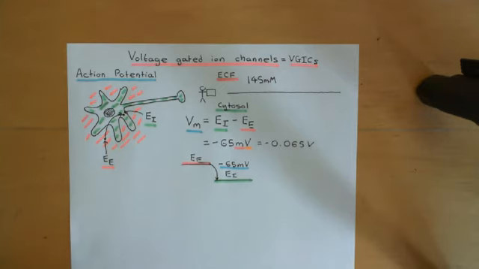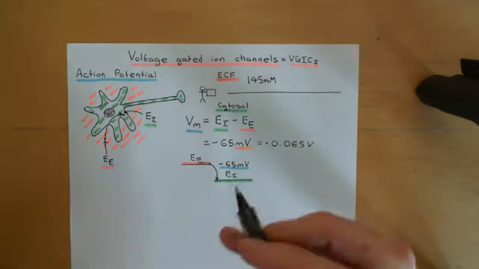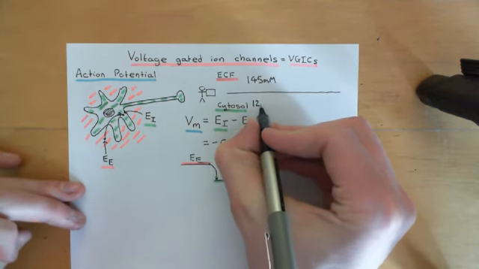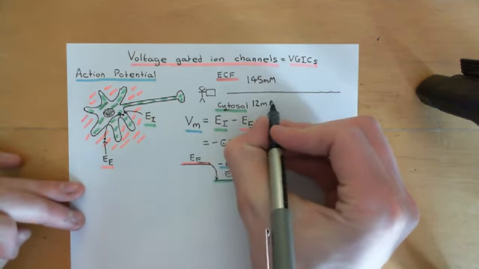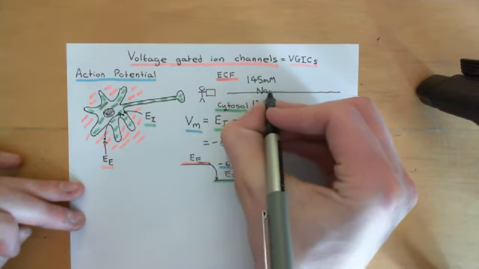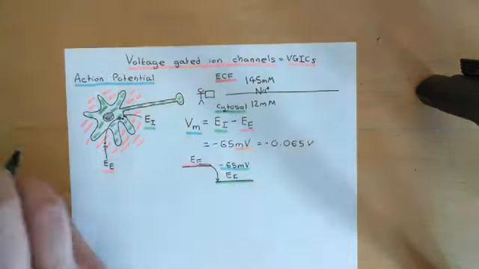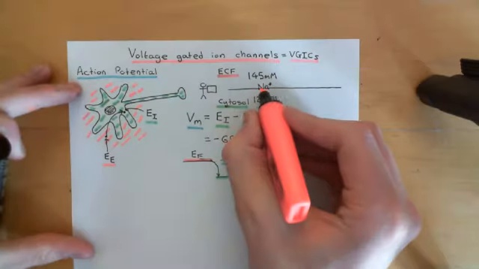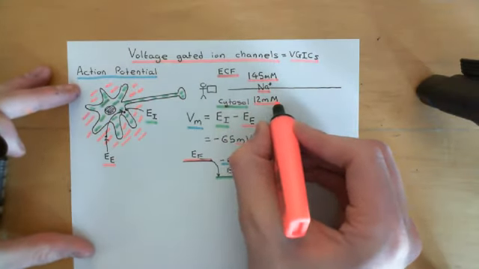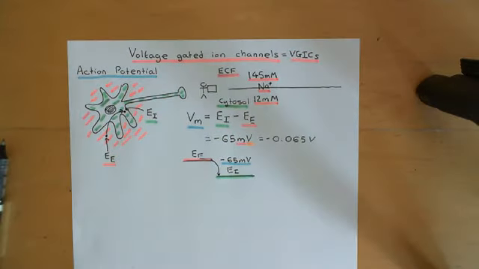So sodium concentration extracellularly is around 145 millimolar, and intracellularly it's around 12 millimolar. So this is sodium here. Now what should you take from that? Well, the extracellular concentration of sodium is 12 times bigger than the intracellular concentration of sodium.